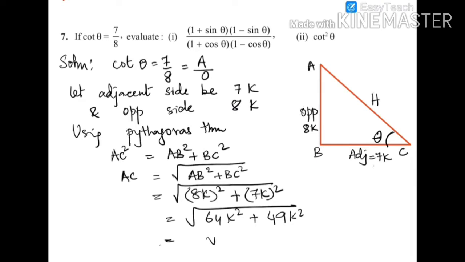On adding, this is root of 113k square, which can be written as root of 113 k. Root of k square can be written as k. So let's mark the hypotenuse in the figure.